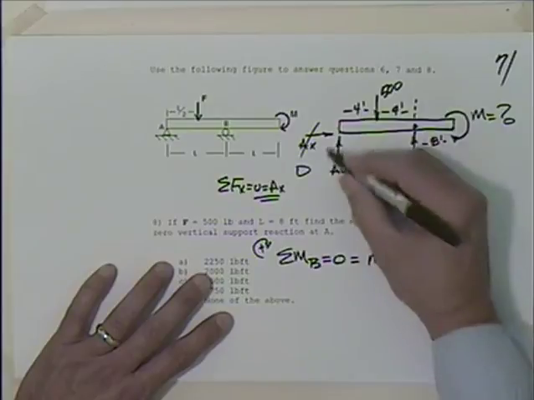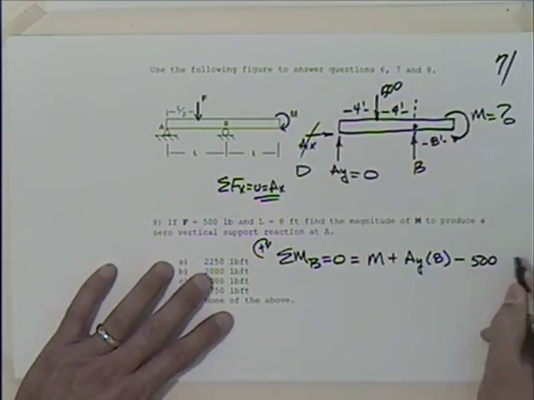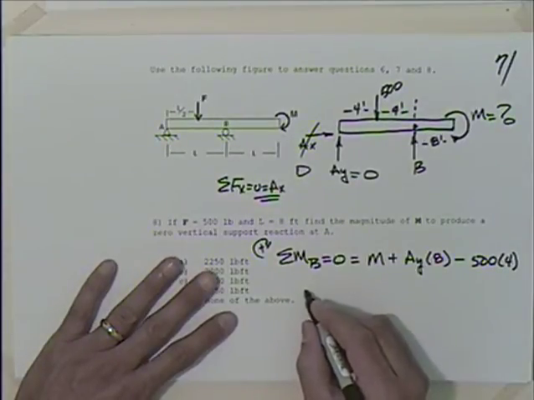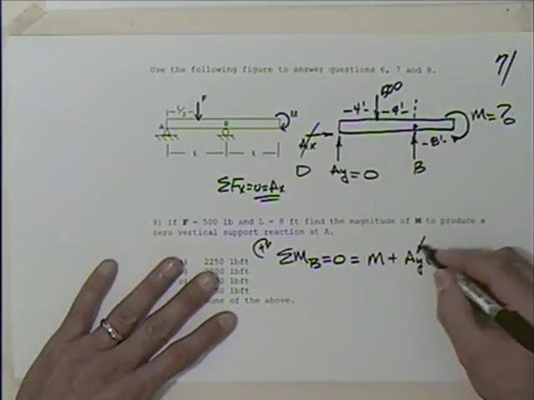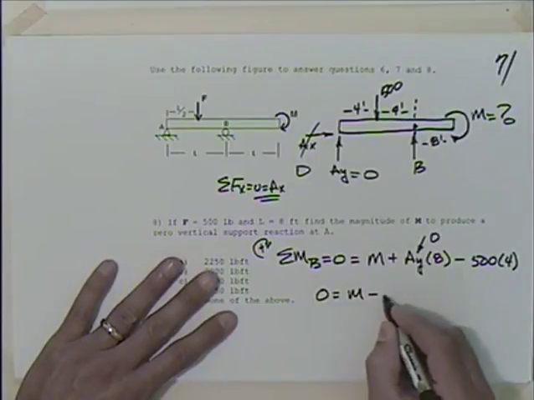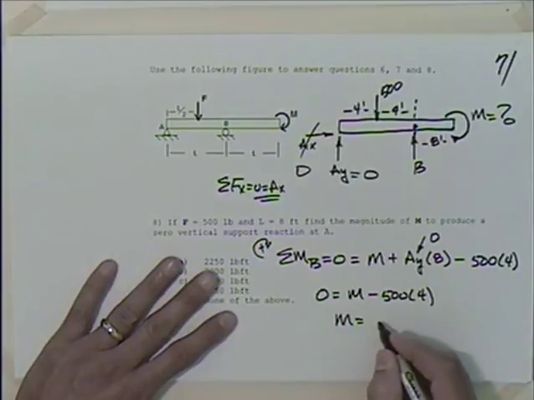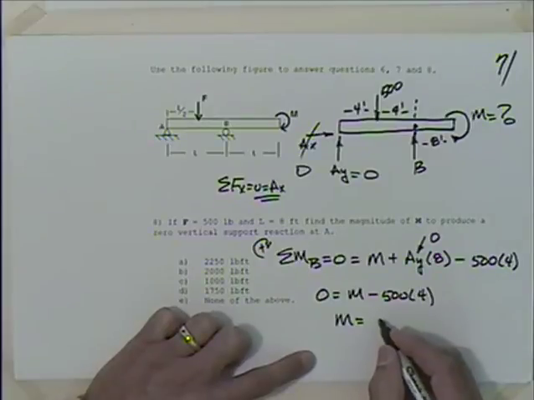So I've added that, and then I'm going to subtract off 500 times 4. Okay, so I could say then that M, well, we said this AY, we're hoping this is 0, right? So we sub in 0 there, and we get 0 is equal to M minus 500 times 4, or M is equal to 2,000. Moving that to the other side, yeah.